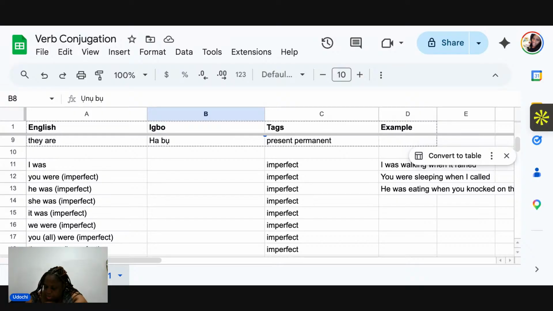We have a sentence here that says Obi has come here today. Obi came here today. Obi is on his way.